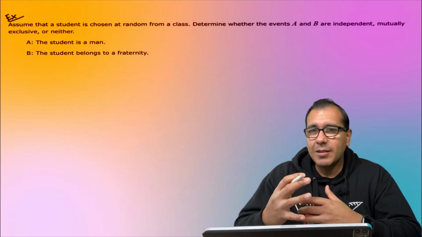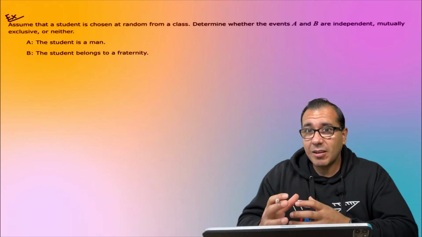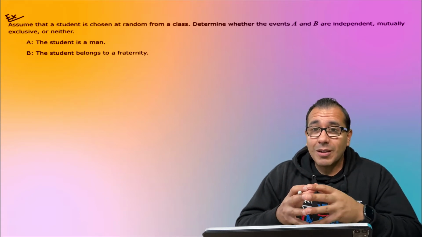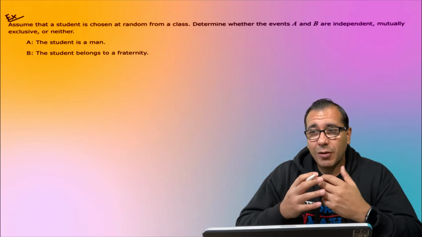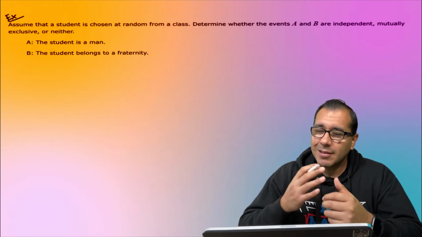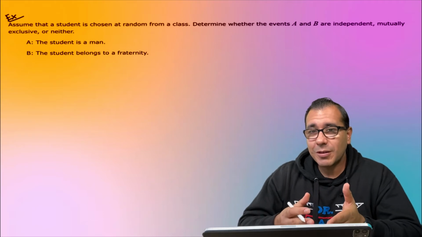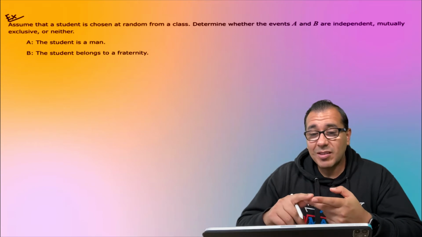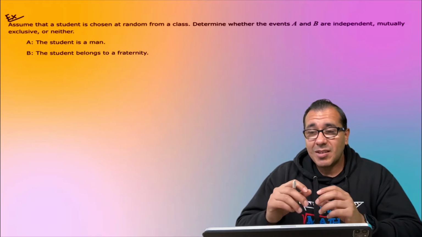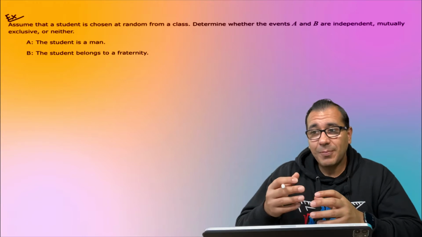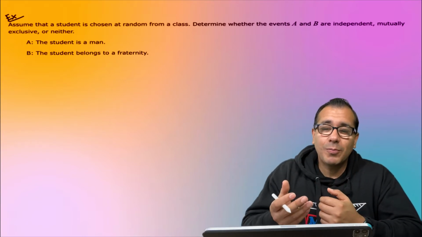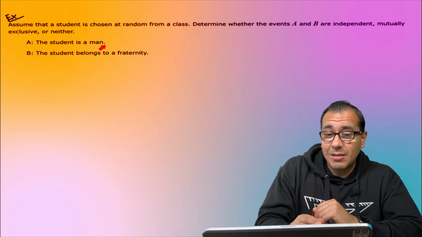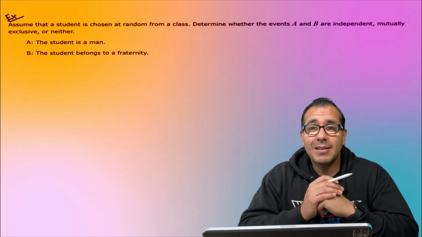These events are dependent on one another because if you're a man, that increases your chances of being in a fraternity. So these are not independent events. They are dependent events. In this case, the answer would be neither. It's not mutually exclusive, nor is it independent.